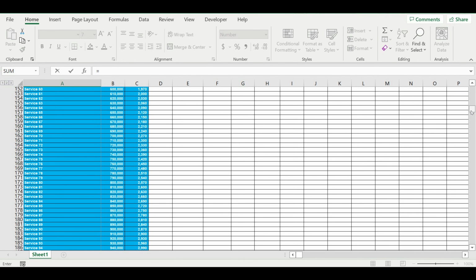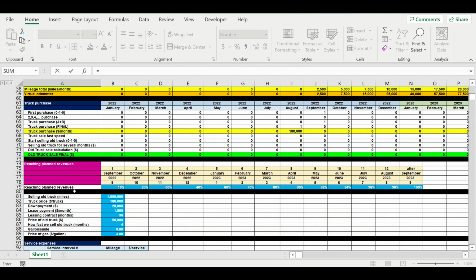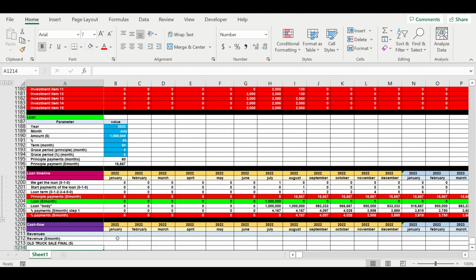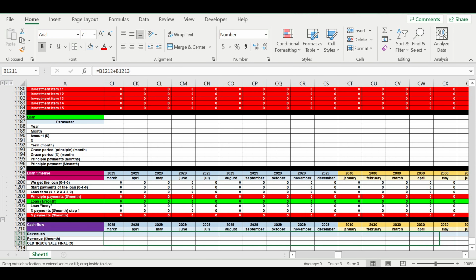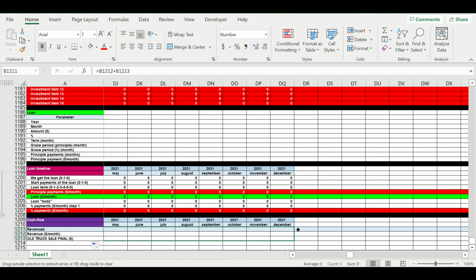So we're going up, then we find the moment when we sell an old truck. Here it is. This is the revenues.